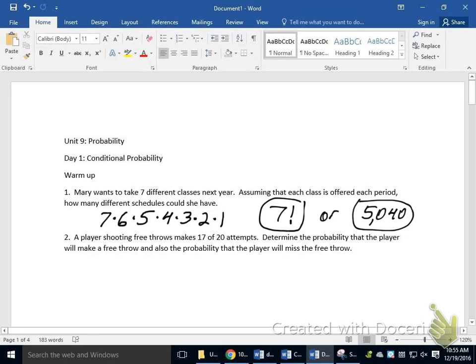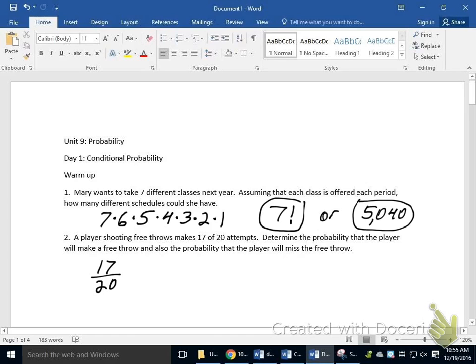All right, moving on, warm-up number 2. Player shooting free throws makes 17 of 20 attempts. Determine the probability that the player will make a free throw and also the probability that the player will miss the free throw. So for making the free throw, he had 17 favorable outcomes out of 20 total attempts, total events.